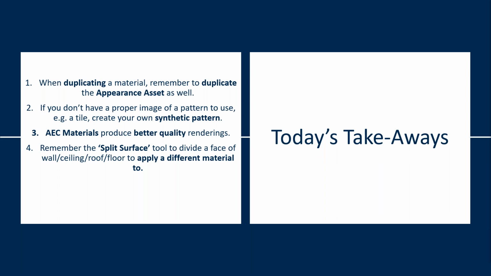Also remember your split surface tool, which you use to divide the face of a wall, ceiling, roof, or floor, which helps you to apply a different material as opposed to adding an additional layer and assigning a material to that. Then also a relief pattern gives your material a more realistic appearance.